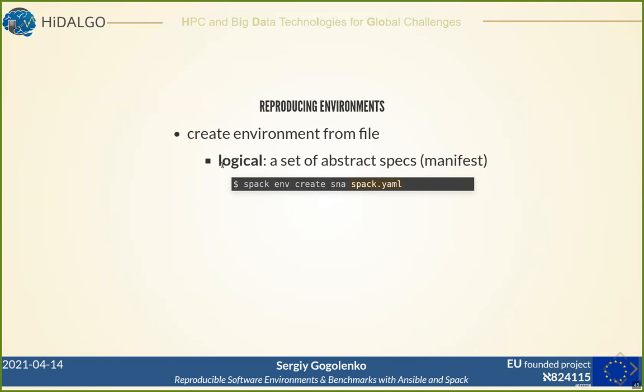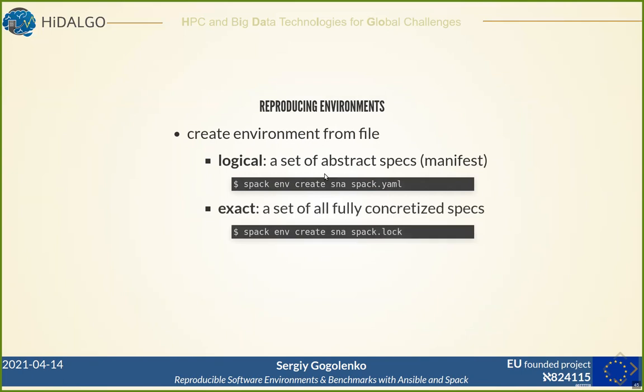If you use a spack.yaml file, it will create a logical environment from the manifest, from abstract specs. But you can also use a spack.lock file, which is the concretized, exact environment with the concretized list of specs.